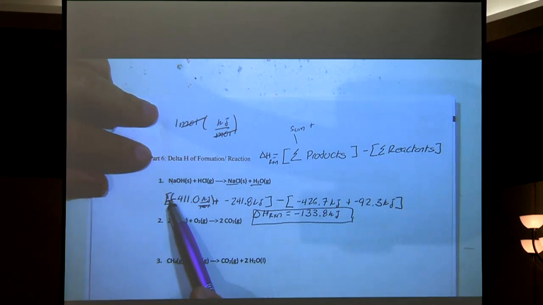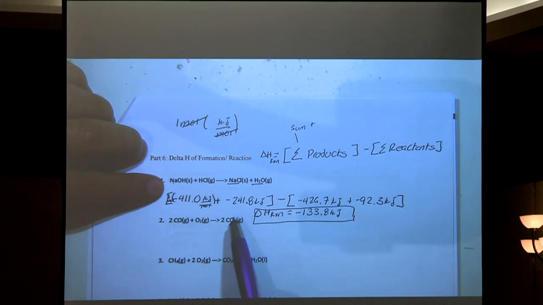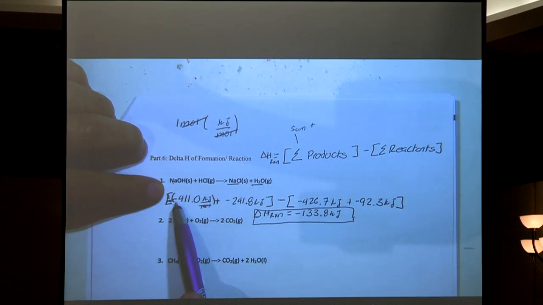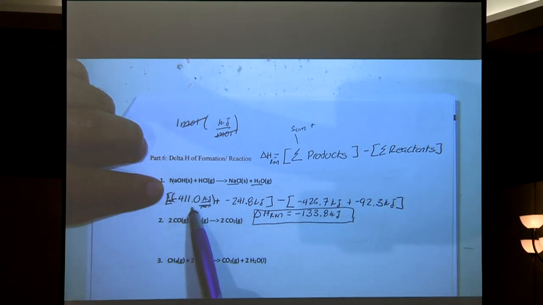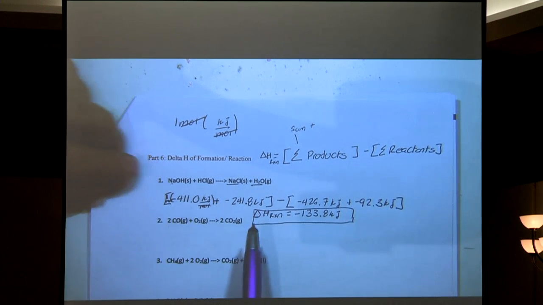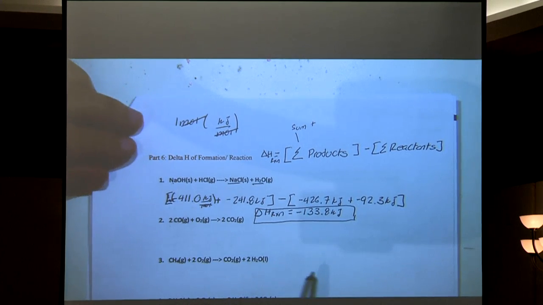Moles cancel and I'm left in kilojoules. So we have put an imaginary 1 here. If this were a 2, what would it be? It would be 2 times that. Any questions?